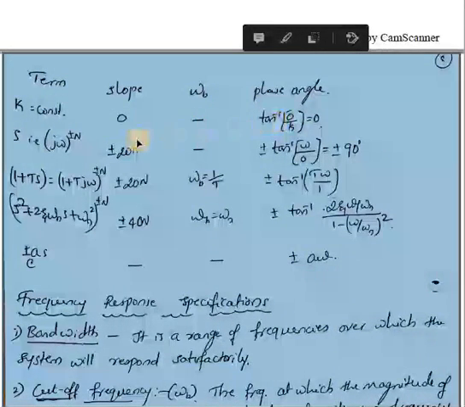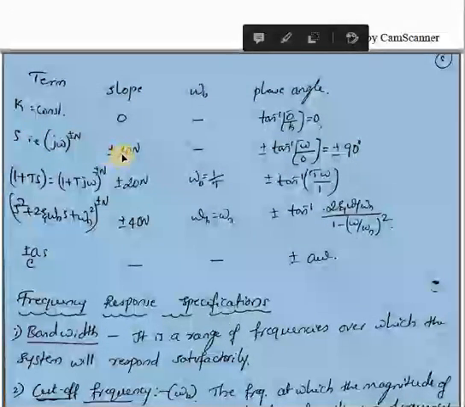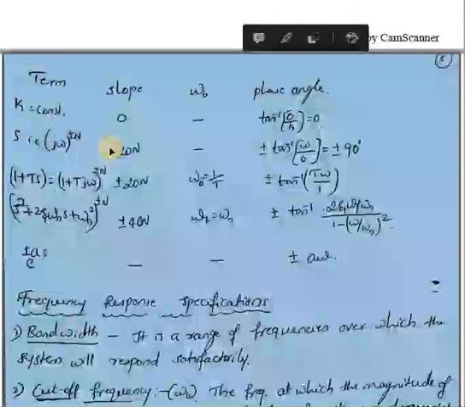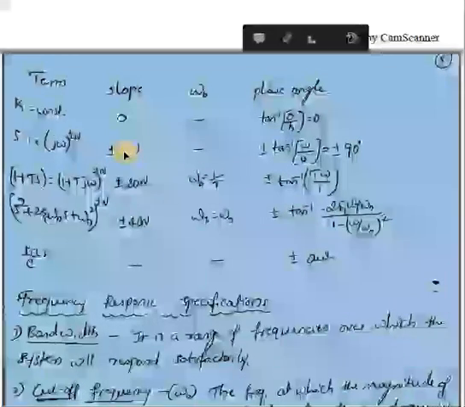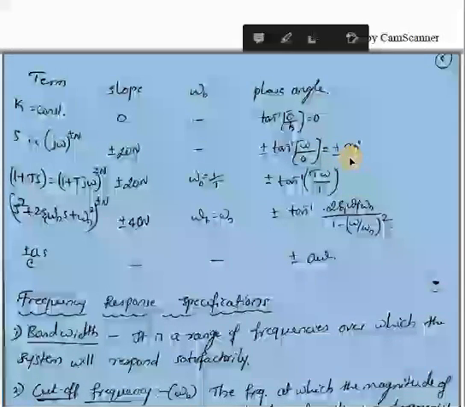If there is a simple pole or zero, either it may be s or 1 by s, so for that it will be plus or minus 20n as the slope. That is, if it is in the numerator, that is for the zeros, you have to take the slope as 20. For the poles, you have to take the slope as minus 20. And the angle will be plus or minus 90 degrees.